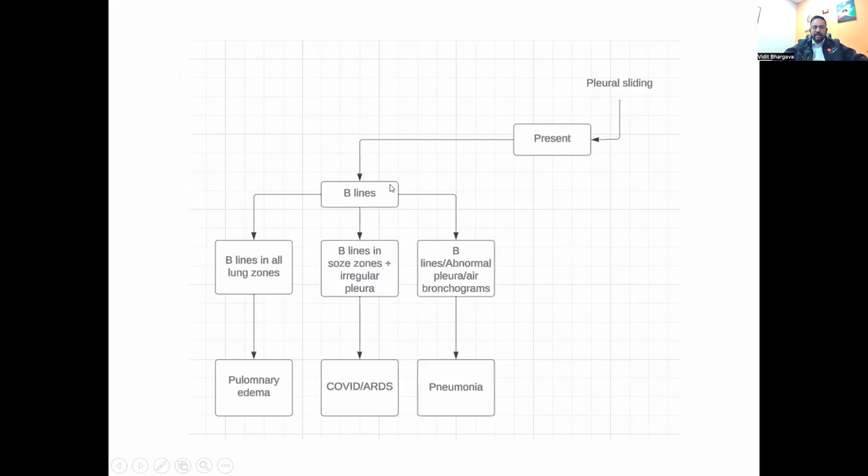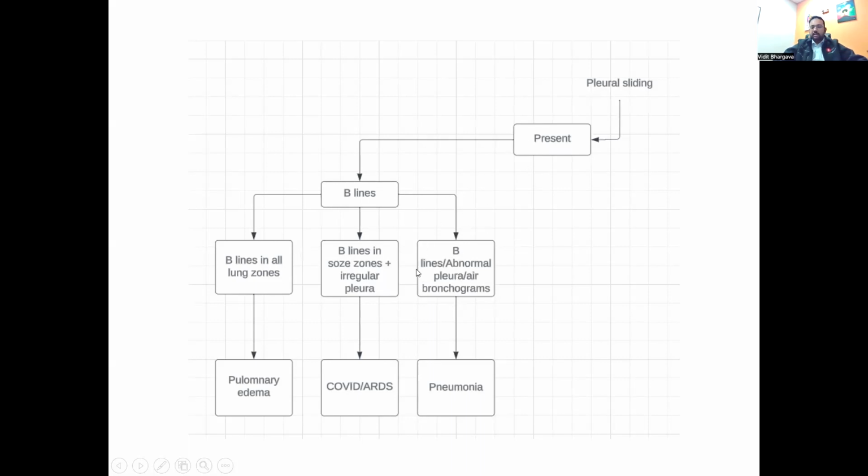And then with the B lines, further thinking about, were B lines present in all lung zones and were they symmetrical in nature? They weren't, and they were a more diffuse and confluent pattern. Were B lines present in some lung zones with irregular pleura? Or were there B lines, abnormal pleura, and a ton of air bronchograms and some other findings?